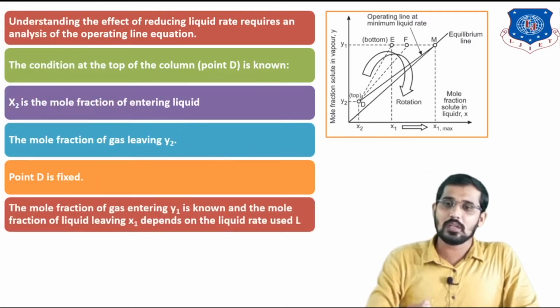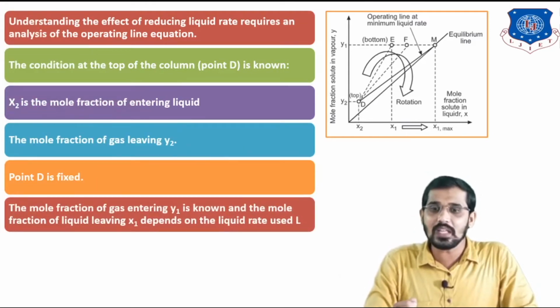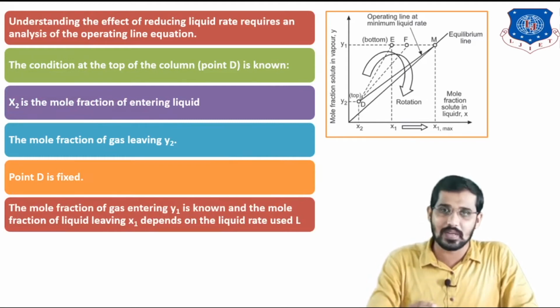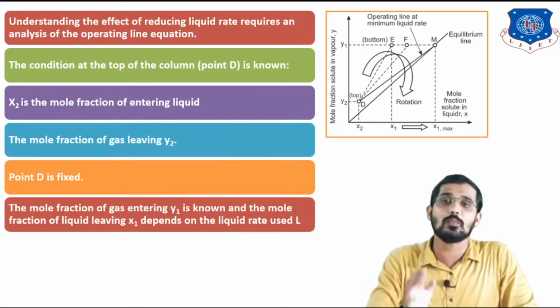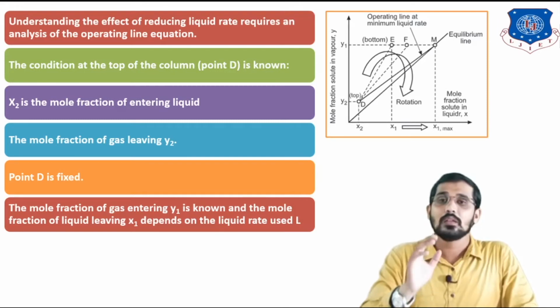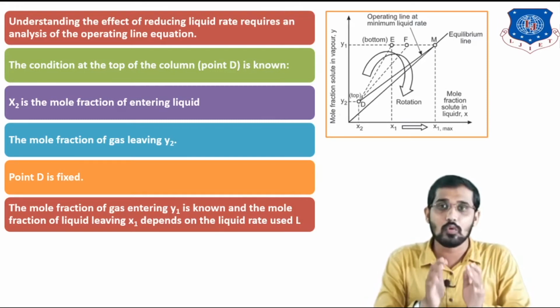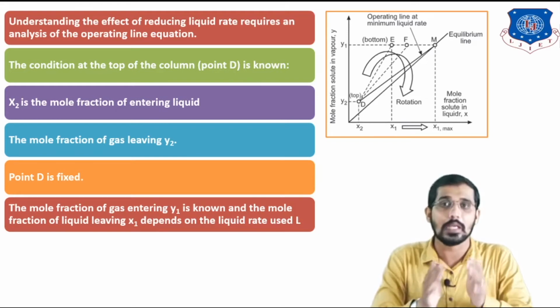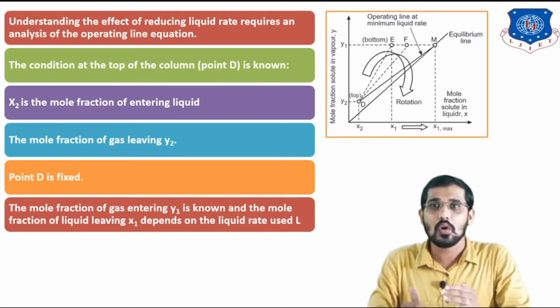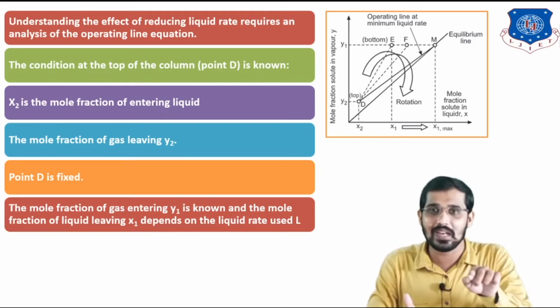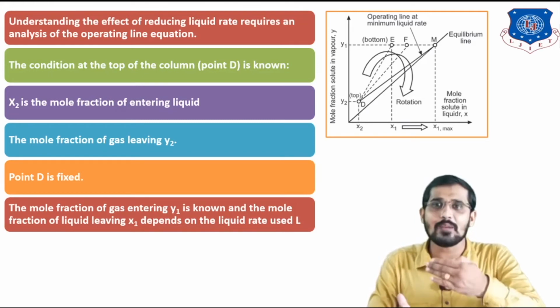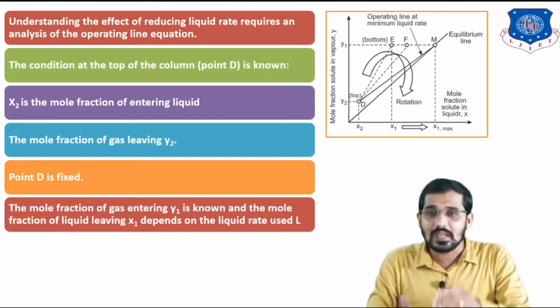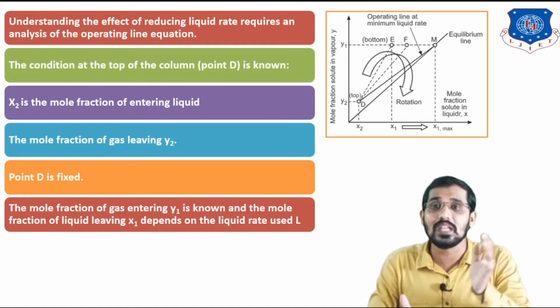You can see the next point: the mole fraction of the gas entering, Y1, is known, and the mole fraction of the liquid leaving, X1, depends on the flow rate of the liquid. I am repeating, the mole fraction of X, means the mole fraction of the solute component in the liquid phase, depends on the flow rate, that is capital L. If we are increasing the flow rate capital L, at that time the X value is decreasing.